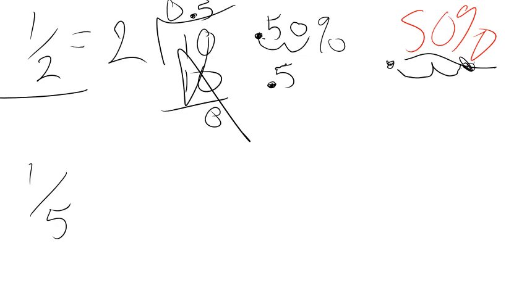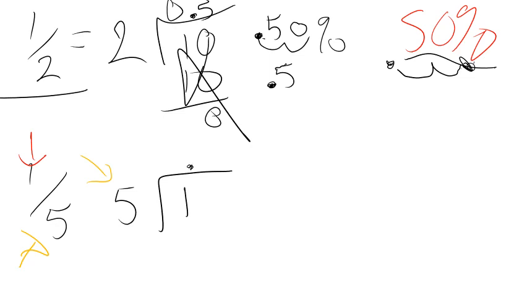Okay, same thing with 1/5 down here. Let's do this. Remember, denominator is the outside, numerator is inside. Partial goes on the inside when you're dividing the fractions out.